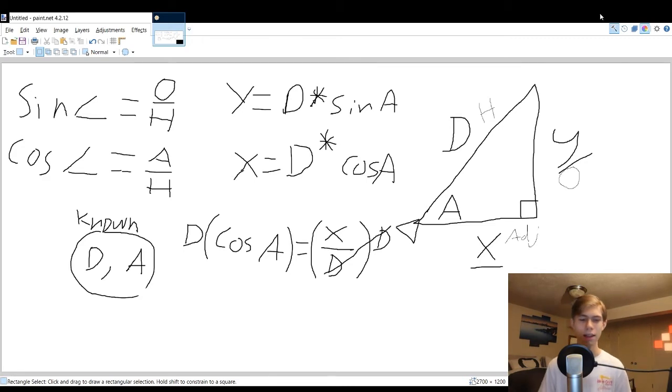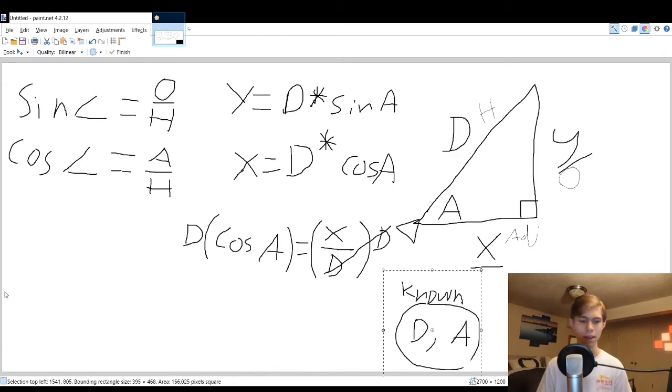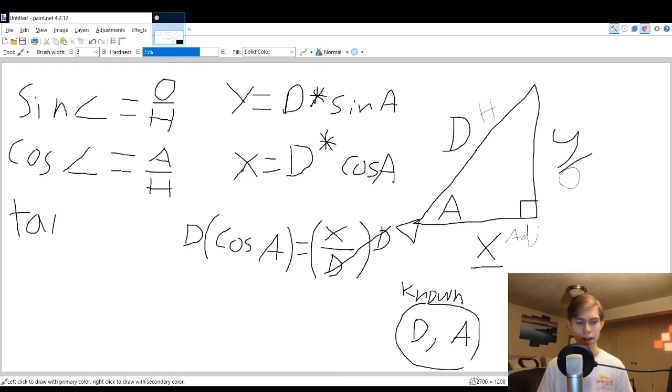There's one last thing that I just want to show you, just so that you can be aware of it, because you'll learn it later in math class. And that's a third trig function called tangent. Tangent gets abbreviated TAN, and the tangent of an angle is the opposite side over the adjacent.